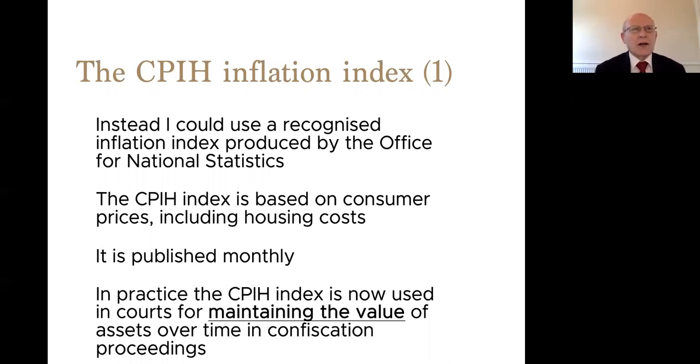A while back, we used a different index called the Retail Prices Index, or RPI, and then there was, for a short time, a different one called RPIJ, which recognized that there were some particular problems with the RPI index. But everybody is, I think, now settled on CPIH as being the index to recognize changing prices.